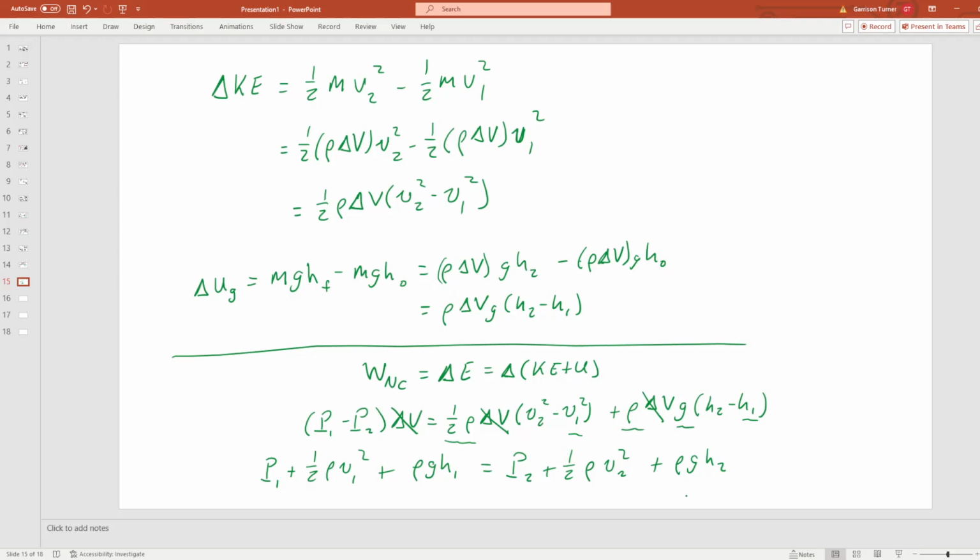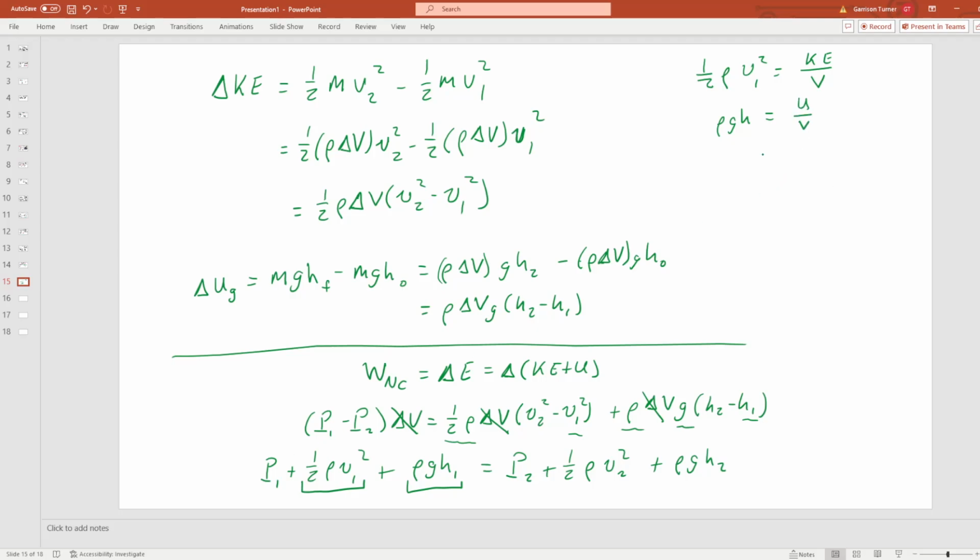There are a couple of things to observe here. These terms: 1/2 rho V1 squared is kinetic energy per unit volume, and rho g h is potential energy per unit volume.